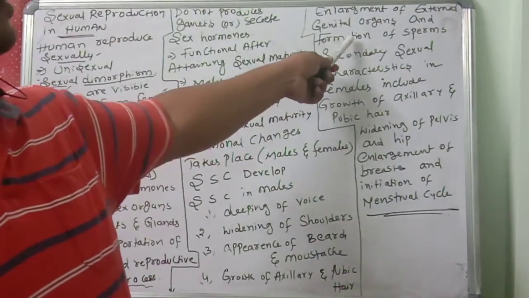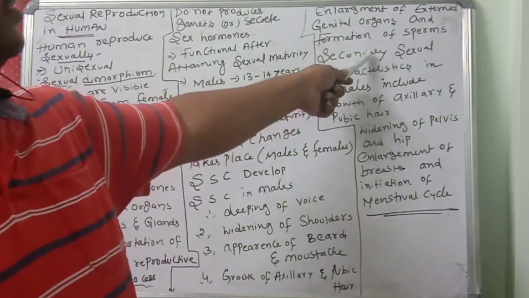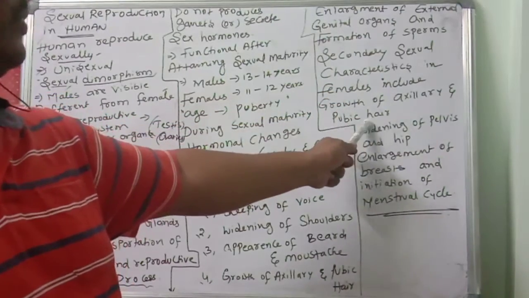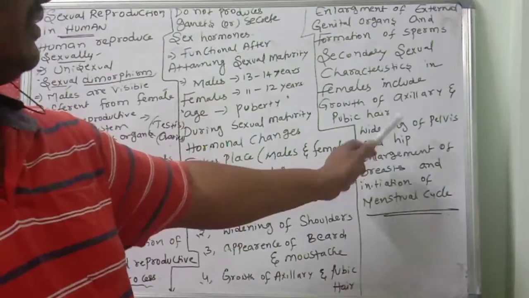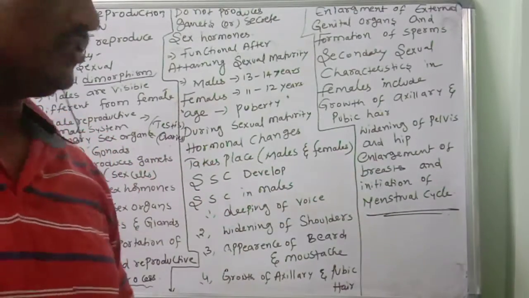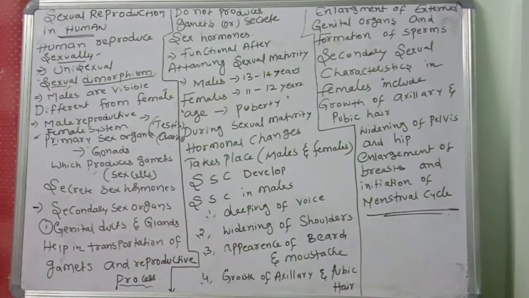Next, in the females, what are the secondary sexual characters? They include growth of axillary and pubic hair, widening of pelvis and hip, enlargement of breast, and initiation of the menstrual cycle. Okay, children, this kind of changes will be there in the male and female reproductive systems. These are all very important concepts.